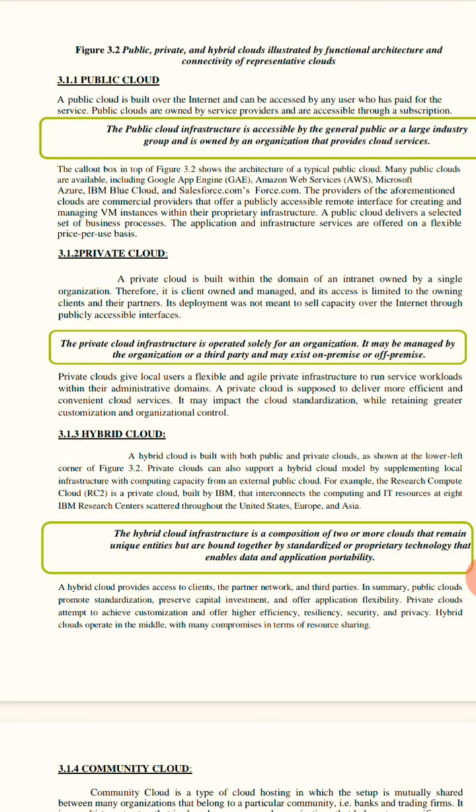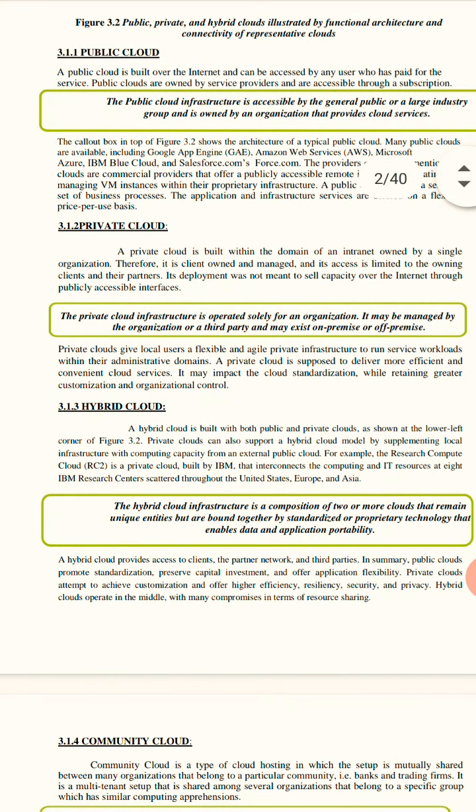Public cloud promotes standardization, preserves capital investment and offers application flexibility. Private cloud attempts to achieve customization and offers higher efficiency, resiliency, security and privacy. Hybrid cloud operates in the middle with many compromises in terms of resource sharing.